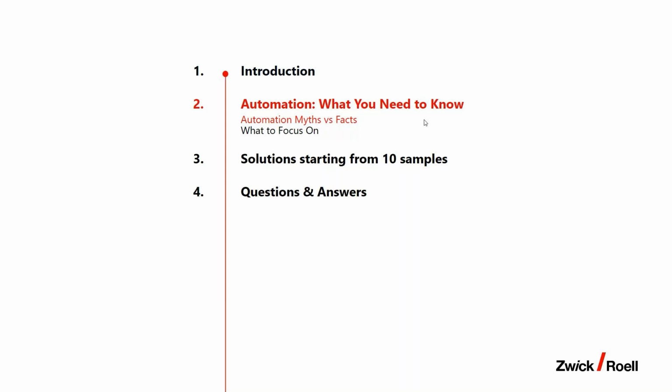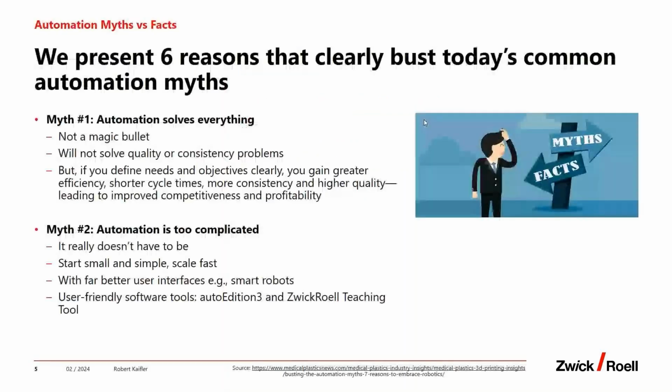So let's dive into the topic. Automation myths versus facts. What's the background here? There are a lot of myths surrounding the topic of automation, and we have 6 of them. Myth number 1 is that automation solves everything. Sometimes there's the rumor that if we cannot cover a job, let's go for automation and then everything is checked and we get rid of the problems.